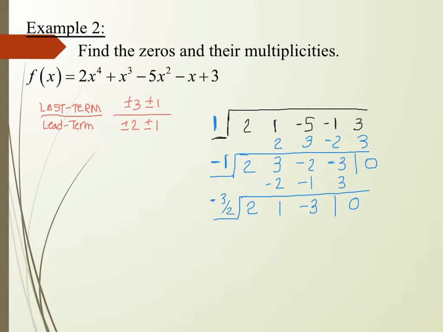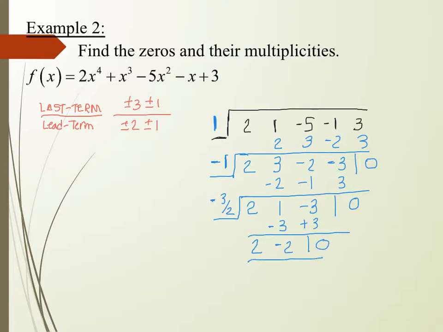And when I do that, I bring down a 2. 2 times a negative 3 halves is a negative 3. And this now becomes a negative 2. And this becomes a positive 3. So now I have a 0.